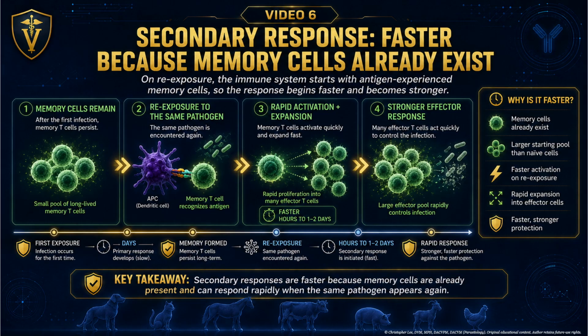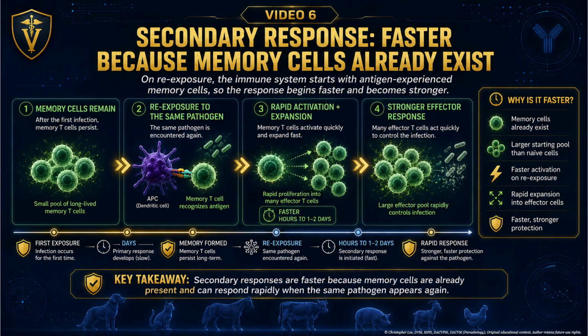Now let's compare that with secondary response. After a primary response, the antigen-specific memory T cells remain. They are not naive anymore. They are antigen experienced, and that changes timing dramatically. When the same pathogen appears again, the immune system already has a larger pool of cells that recognize that antigen.